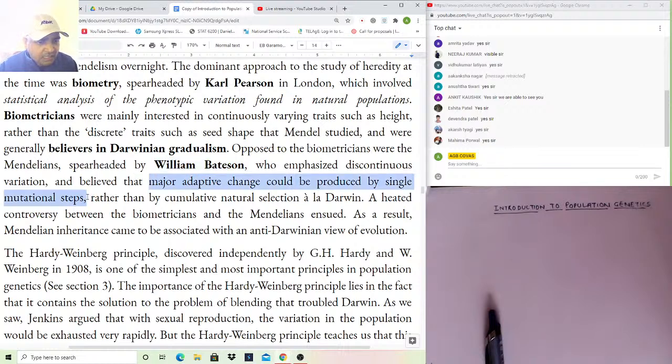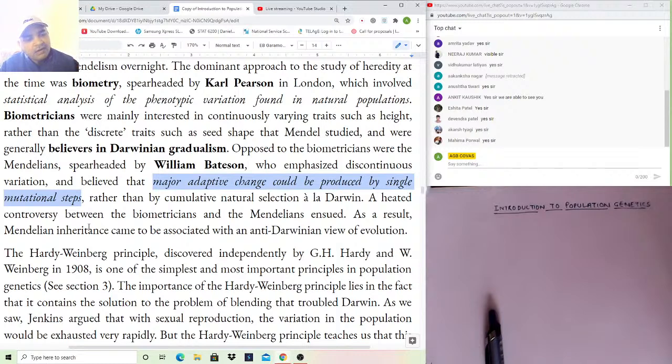So what he said is that major adaptive changes in a species can be produced by a single mutational step. That is, a mutation at one particular gene can lead to major adaptive changes in that population, rather than by cumulative natural selection as described by Darwin.